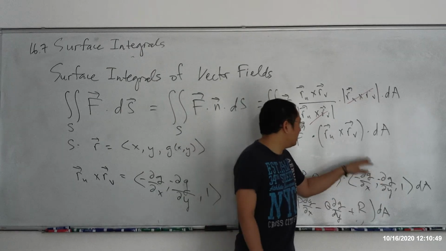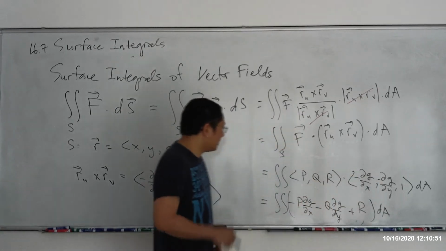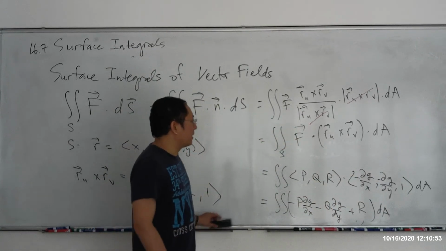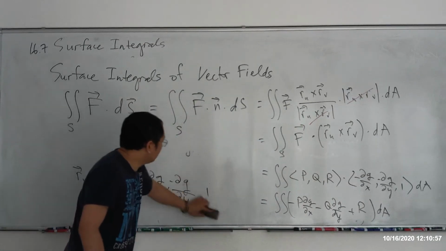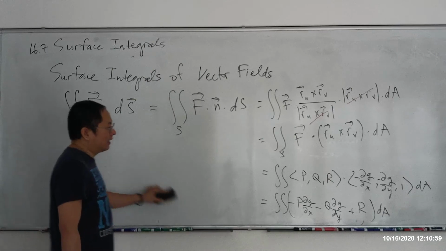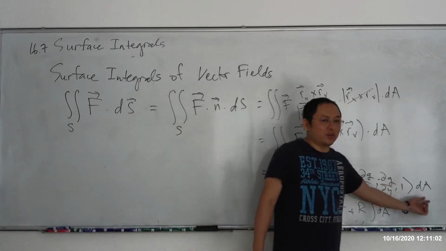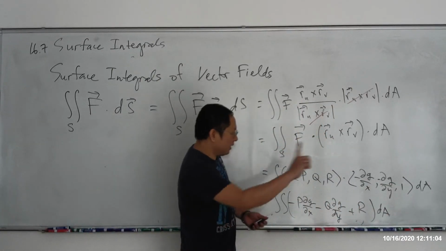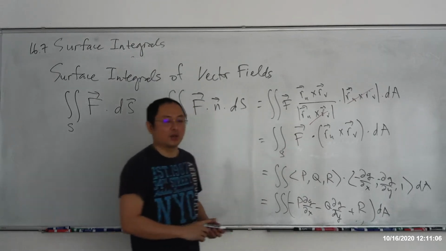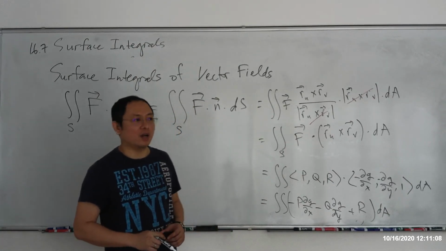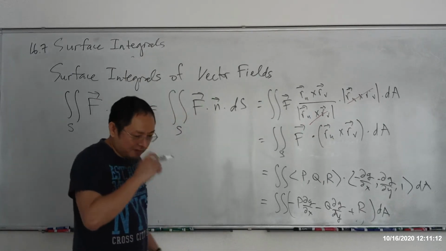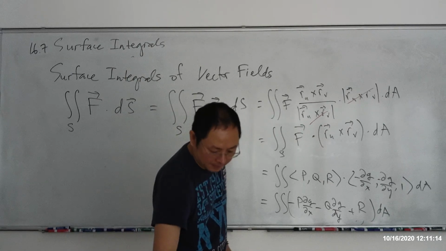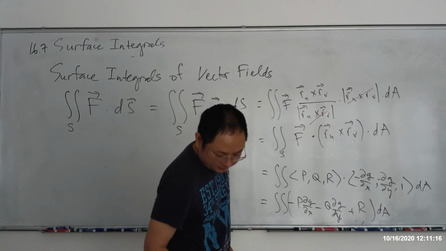And again, dA here is dx dy in this case, because u and v now are x and y. I write dA in general because you may not use dx dy. If the region is circular, then you convert dx dy to polar coordinates, r dr d theta. It depends.